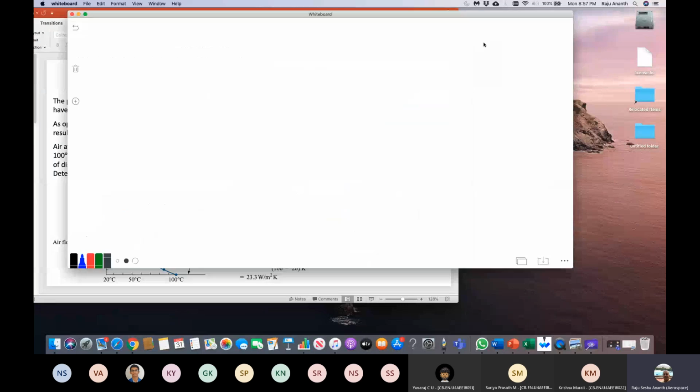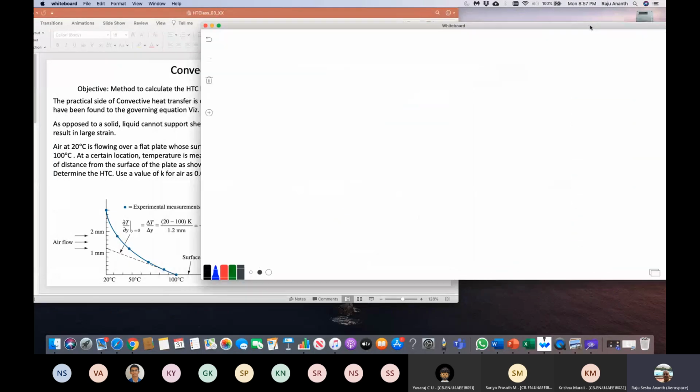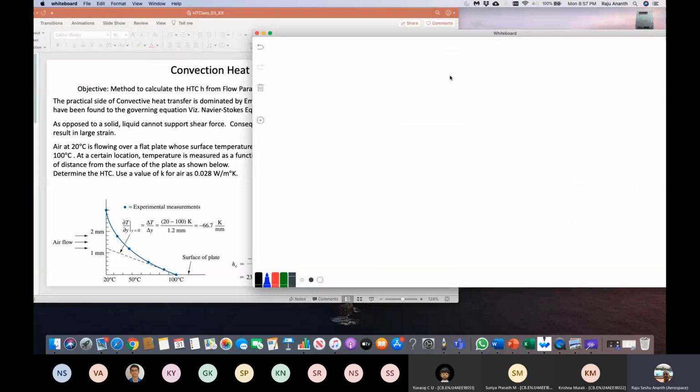Okay, so let's say I'm going to do a counter problem. Let's say only conduction exists. No convection. I don't know anything about convection.